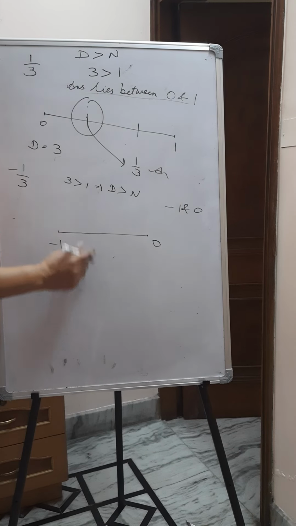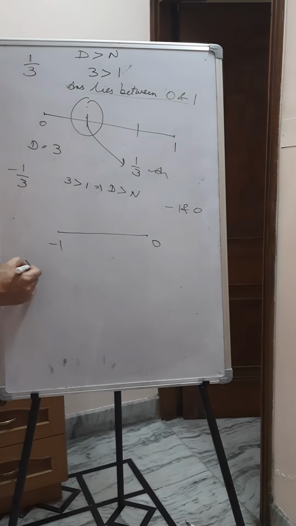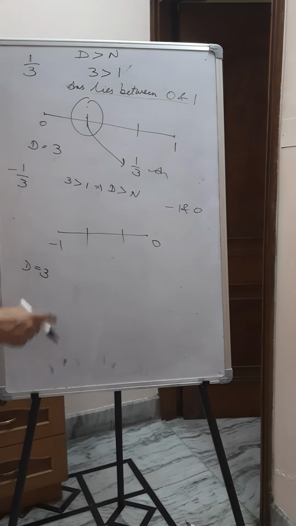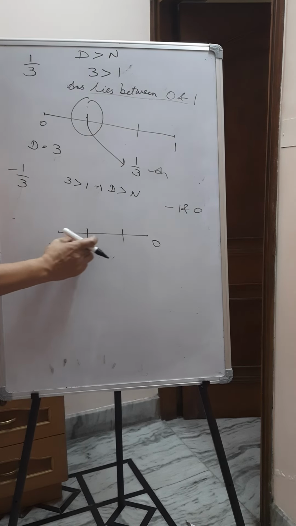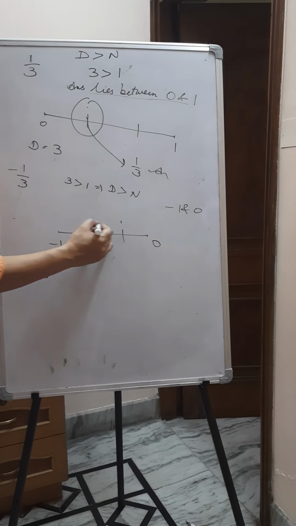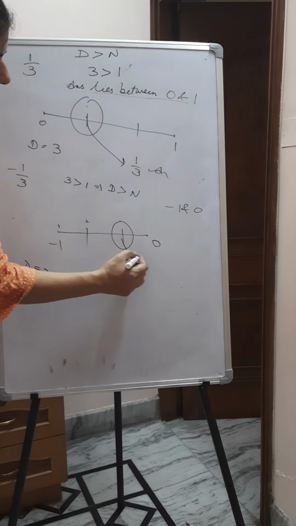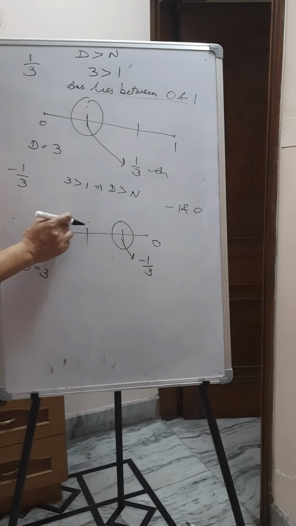The question is given in negative, so the answer lies between minus 1 and 0. What is the denominator? Denominator is 3. So divide this into 3 parts. 1, 2, 3. 3 parts are there. Start marking. 1, 2, 3. We have to take the first part. So this is our answer, minus 1 over 3. Remove this. Simple.